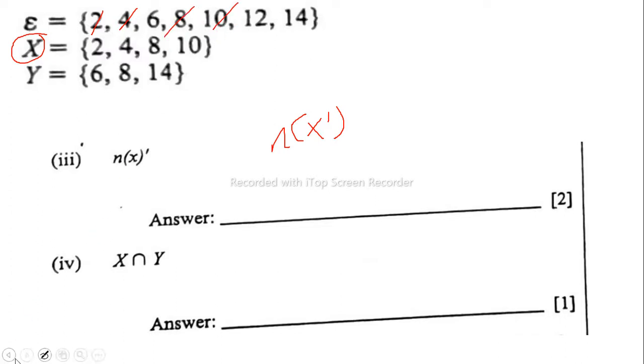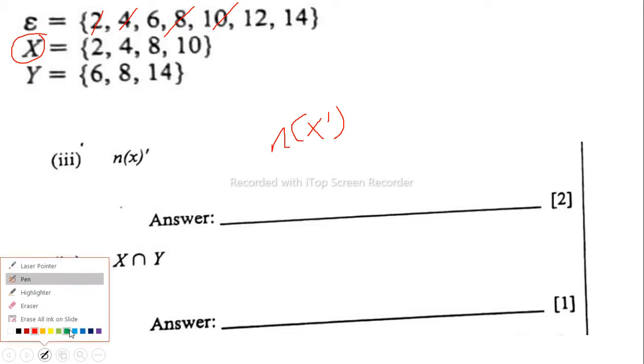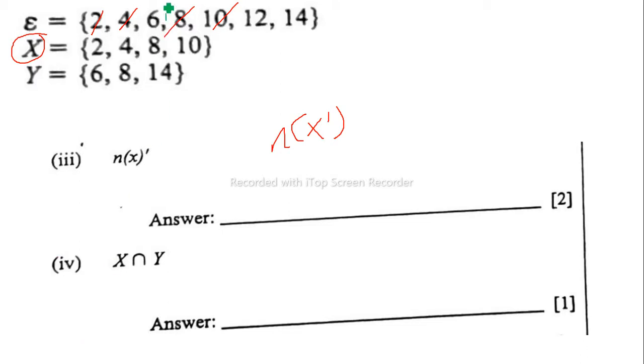What numbers are we left with? 6, 12, and 14. And how many numbers is that? 3. So we wouldn't put curly brackets, just 3, because they asked for the number of elements.